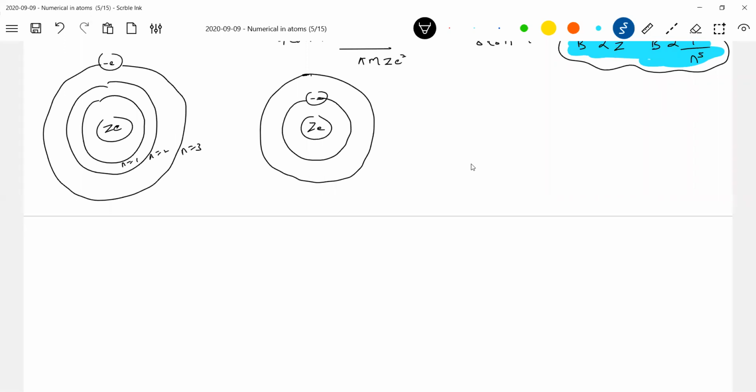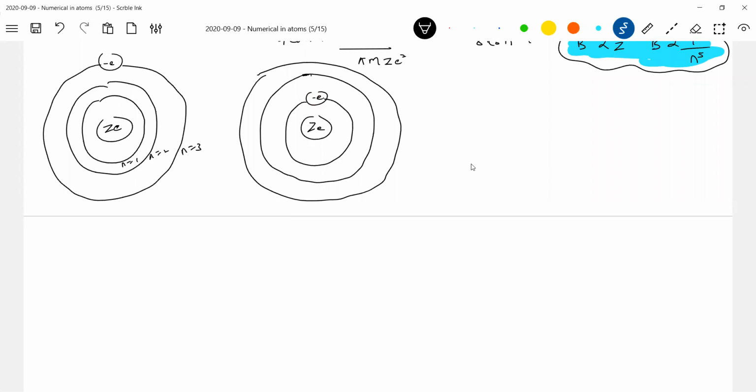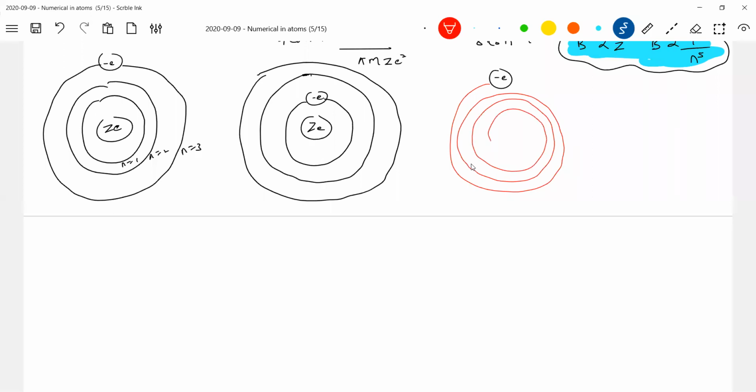It will jump. In the energy diagram we just showed, it will not make the transition directly. It has to revolve, so it is going to describe a path like this. This electron is going to revolve, and finally it will come and settle at n equal to 1.